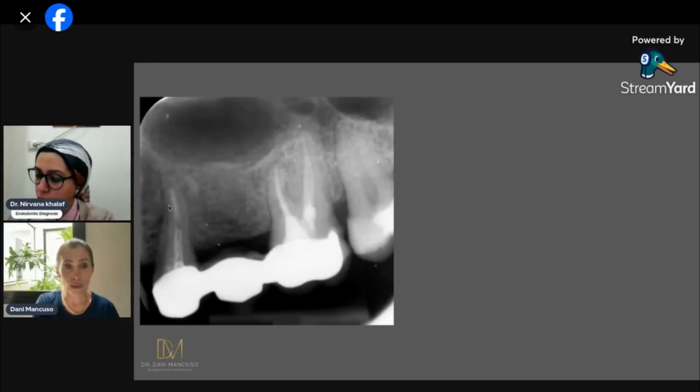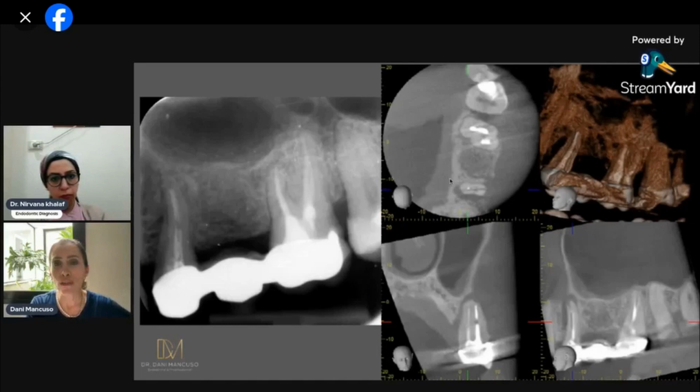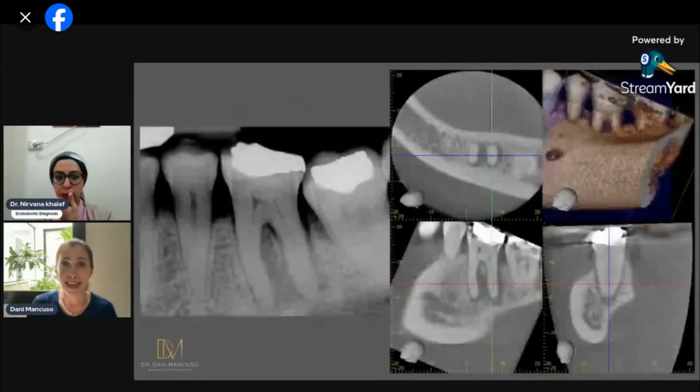Well, when you have a bridge, in this case, it's also very difficult to understand if there is a crack or not on the tooth, unless there is a deep periodontal pocket or something like a swelling. And even then, you don't know exactly if it's a fracture or not, unless you see the fracture under the crown. But when you take the CBCT, you can see the fracture line across. It's fractured.